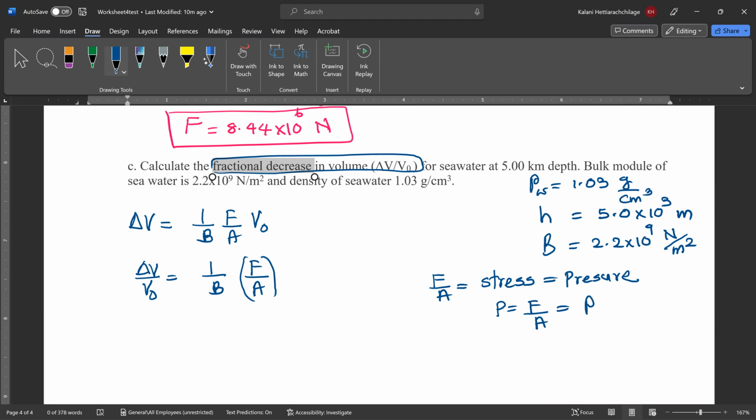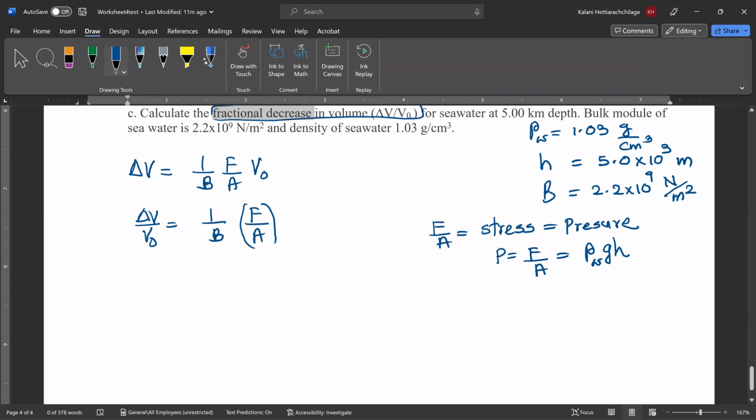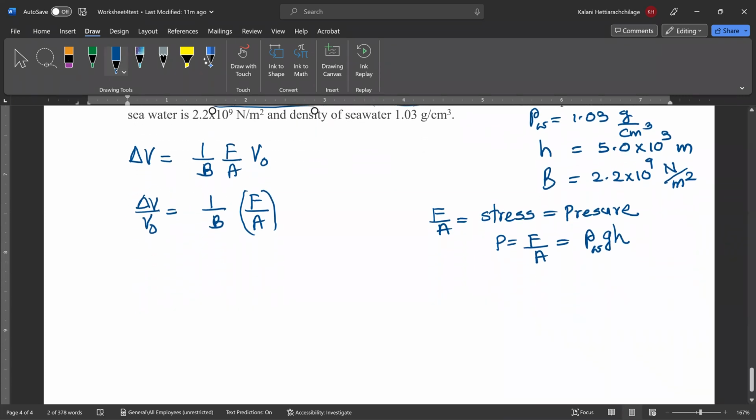That is something we're going to talk about later in the semester. It depends on the density of the fluid, in this case water, and g, and the depth where you're going to calculate the pressure with respect to the atmosphere. So F over A in your question is calculated by using this information.